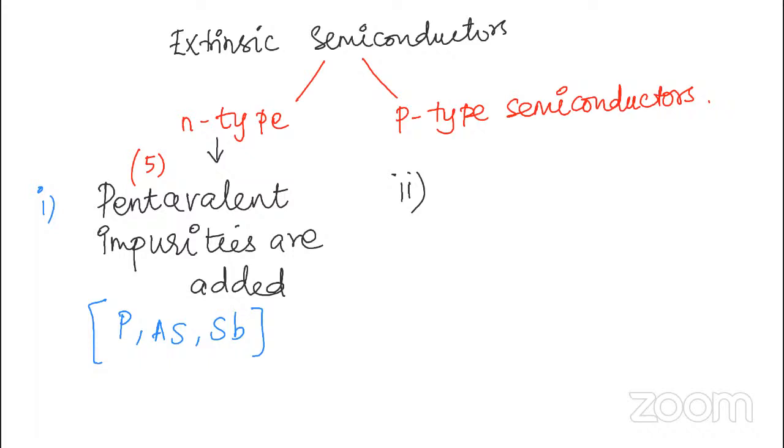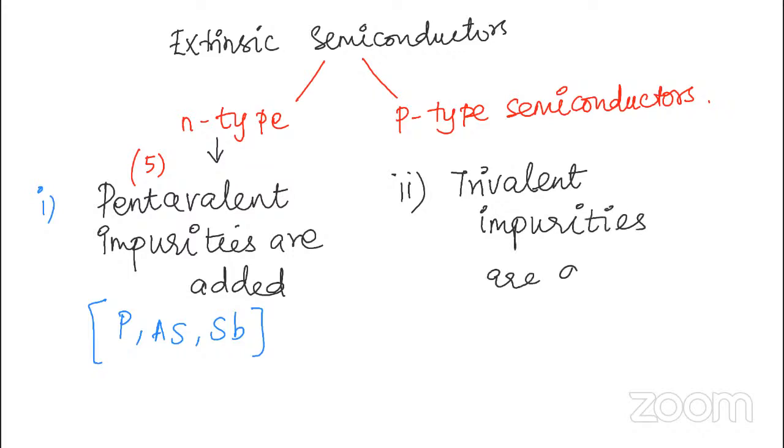And here trivalent impurities are added. Tri means what? Tri means it is 3. Yes, very good.